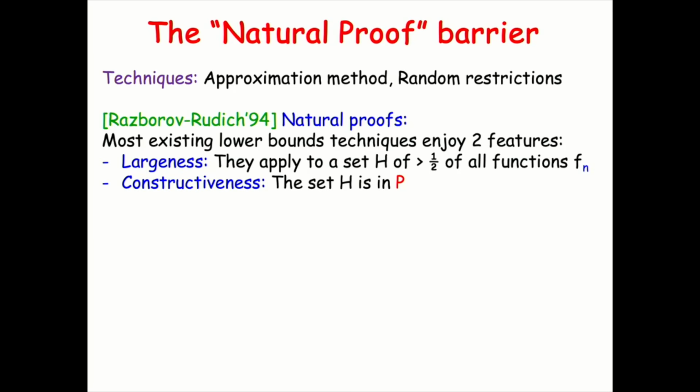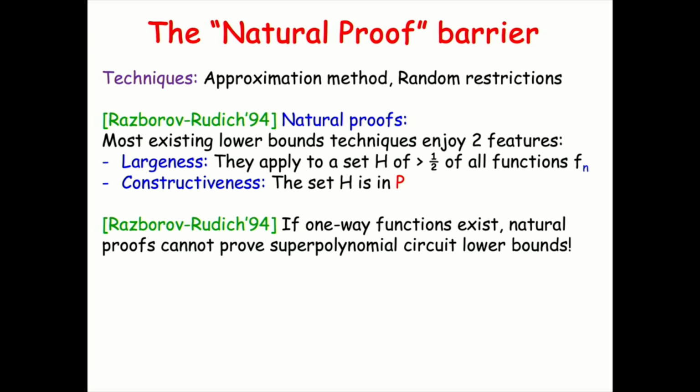And somehow they showed that all the lower bound proofs we know actually have this property or can be made to have this property. So now, what's the problem with natural proofs? Well, it turns out they also prove that if you prove a lower bound using such a natural method, then you also broke all one-way functions.